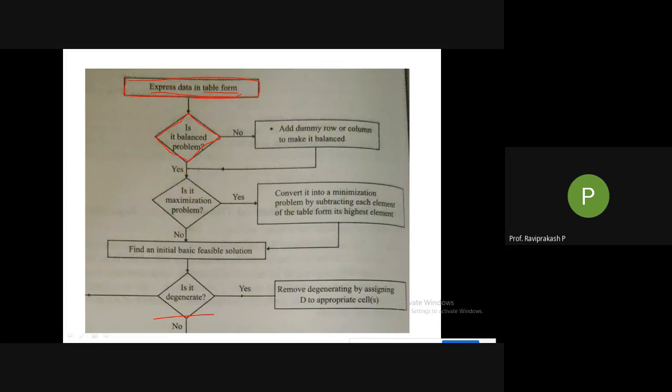So if you see here, they are telling you to find an initial basic solution. Wherever there is a decision, yes or no, there is a diamond here. Whenever a decision is taking place, it should be drawn in a diamond shape. For the rest, if you want to tell something, it should be a square or a rectangle. That's not an issue.